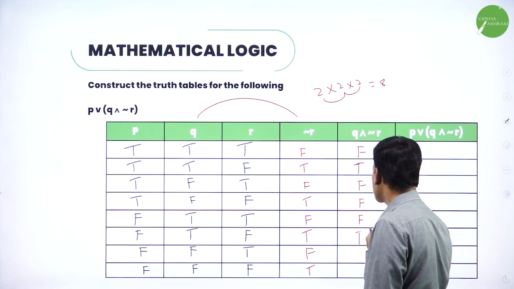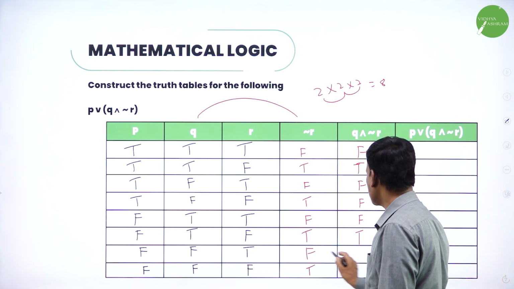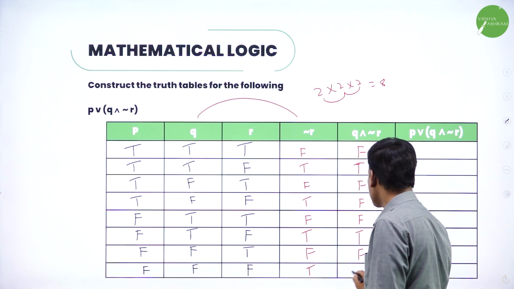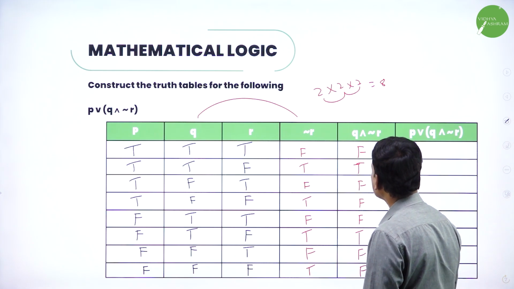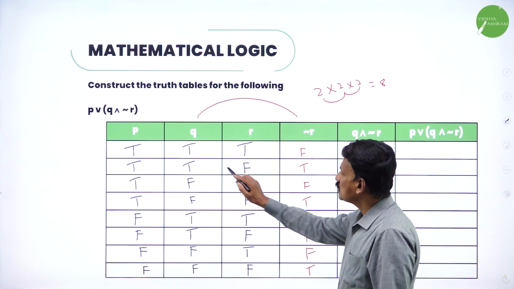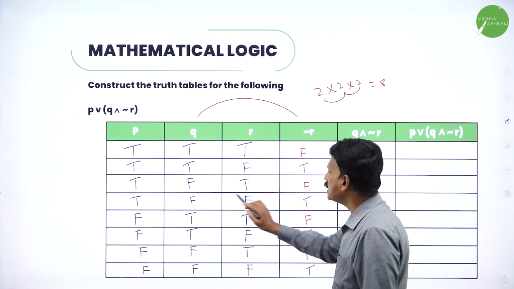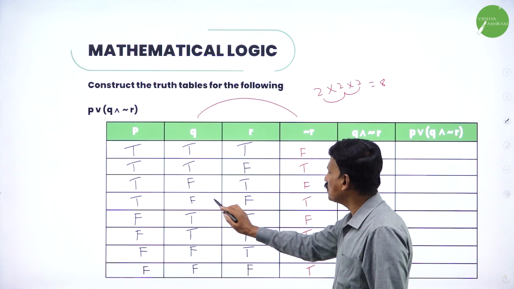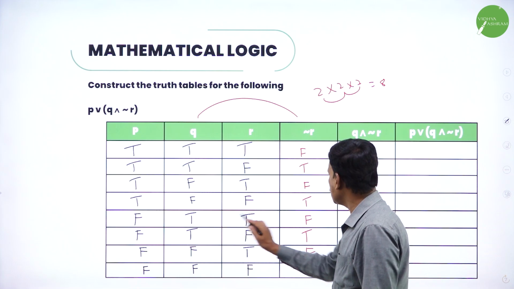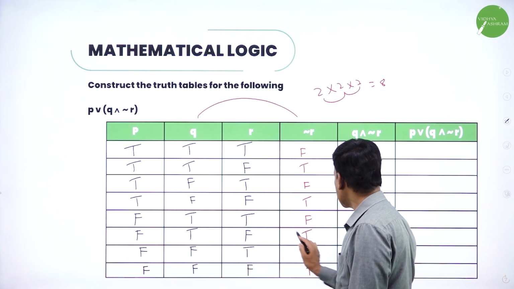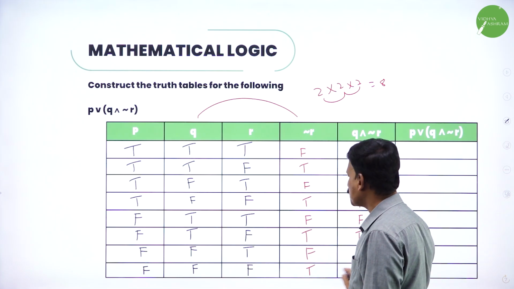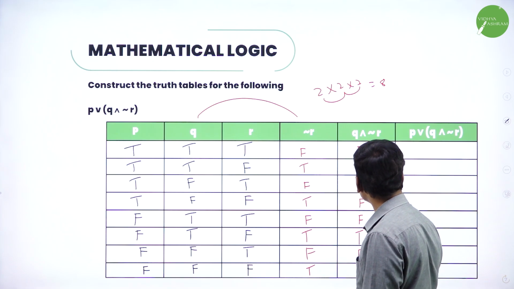Again true and true is true. Again false and false is false. Again false and true is also false. So the conjunction for these two: T and F is F, T and T is T, F and F is F, F and T is also F, T and F is also F, T and T is T, F and F is F, F and T is also F.